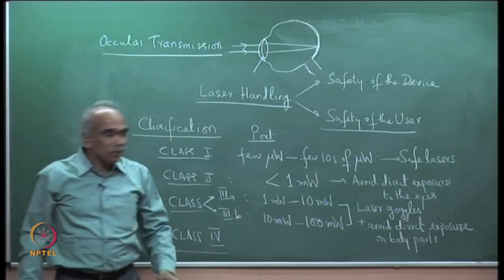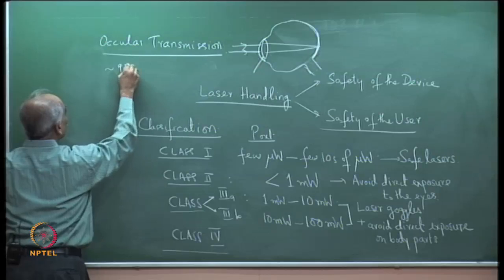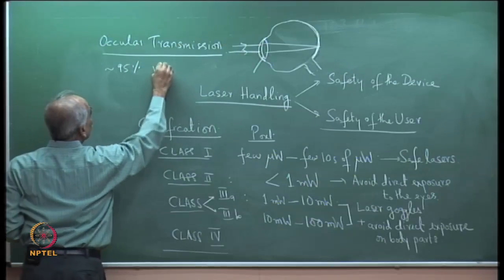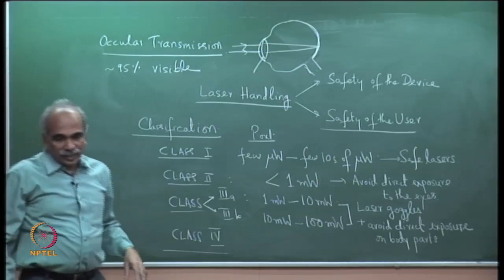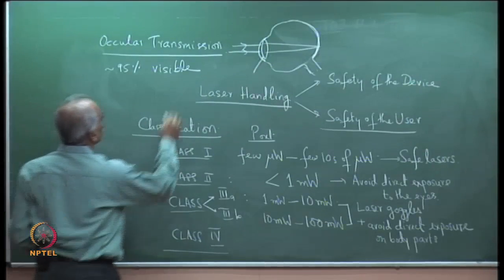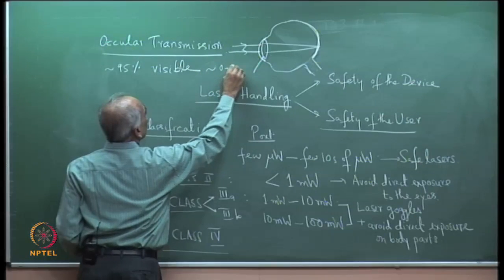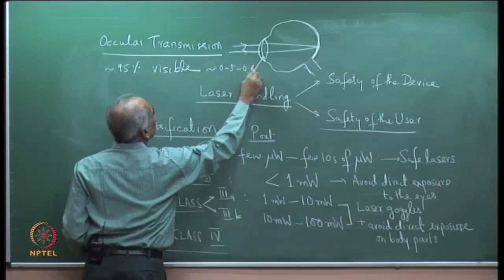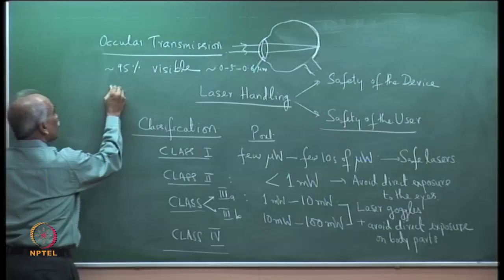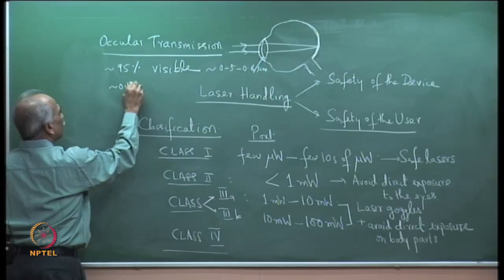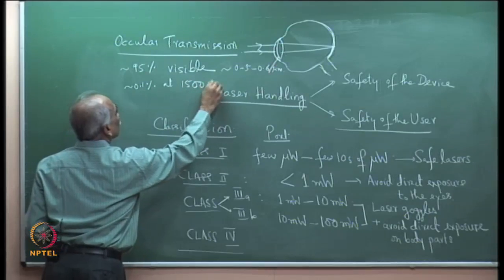The ocular transmission is very high for visible, almost 95% in the visible region, approximately 0.5 to 0.6 micrometer, whereas this is about 0.1% at 1550 nanometer or 1500 nanometer.